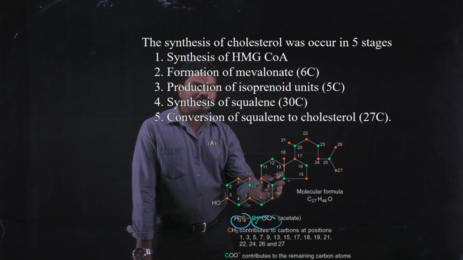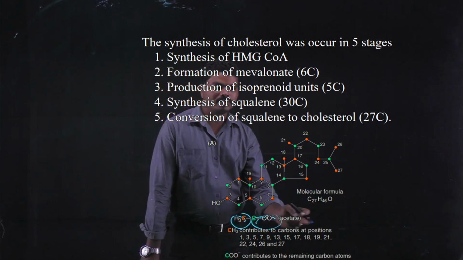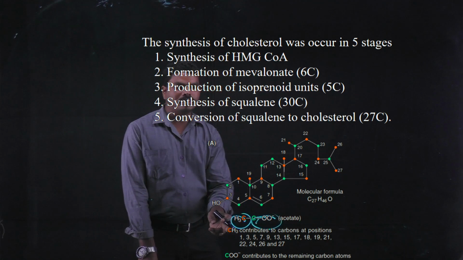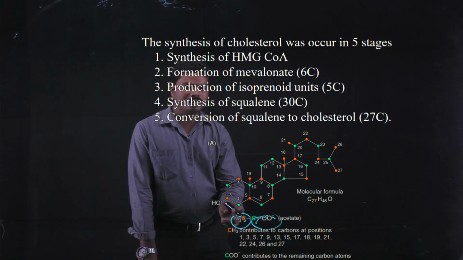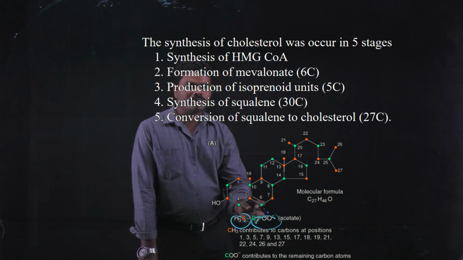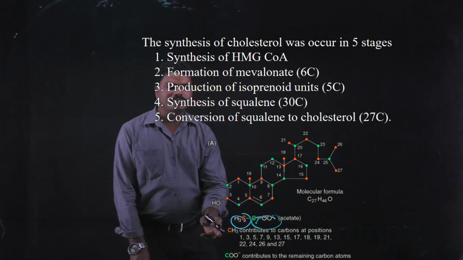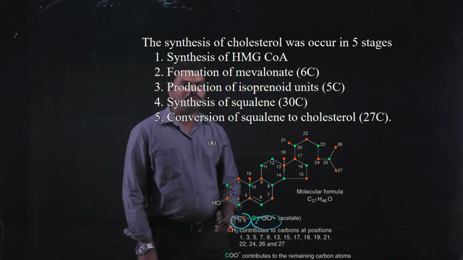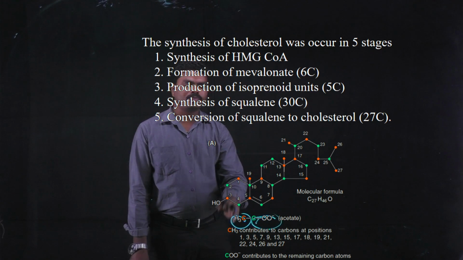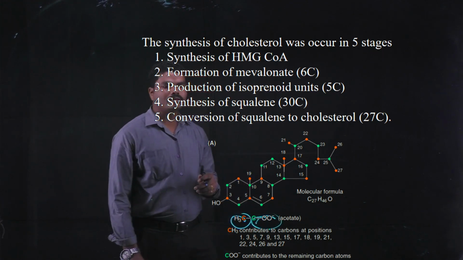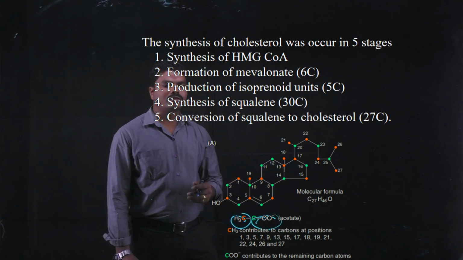Like that, all the carbons numbered here are provided from the methyl group, and the remaining carbons, that is the second carbon, fourth carbon, sixth carbon, are all provided from the carboxyl group. So these are the acetate moieties which construct the cholesterol molecule.